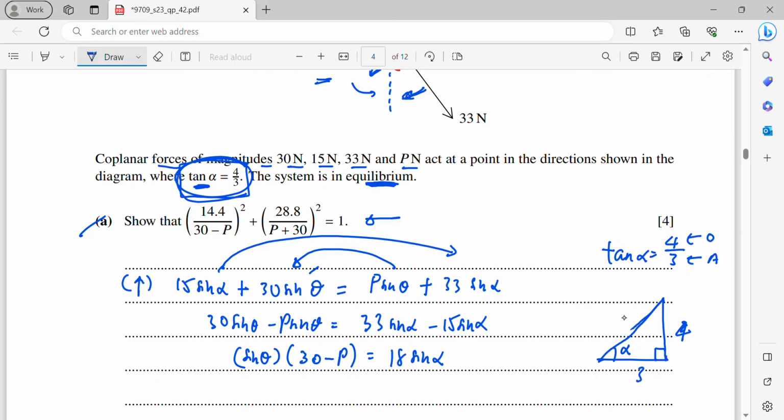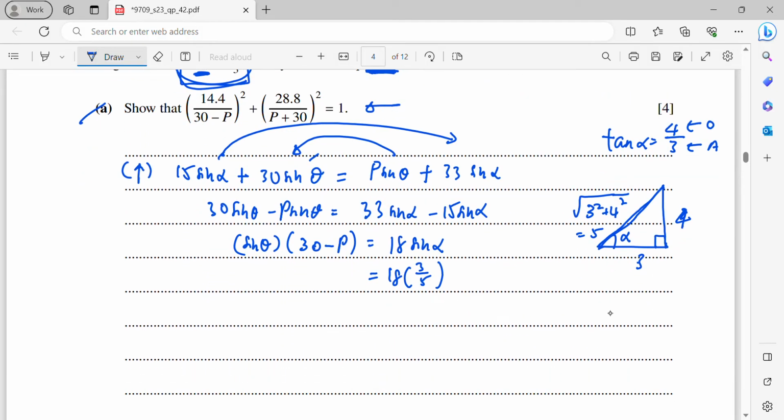Now, this longest side is the hypotenuse. Based on Pythagoras theorem, it should be the square root of 3 squared plus 4 squared, that means square root of 25, which is 5. So from here, 18 sine alpha is going to be 18 times 3/5.